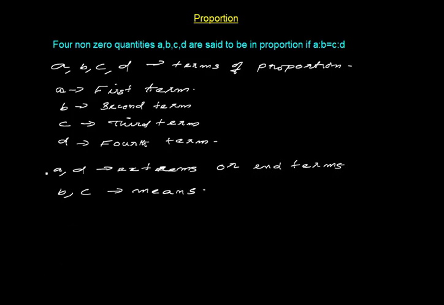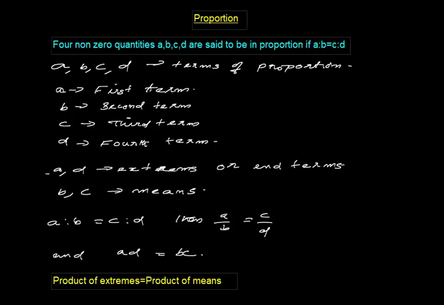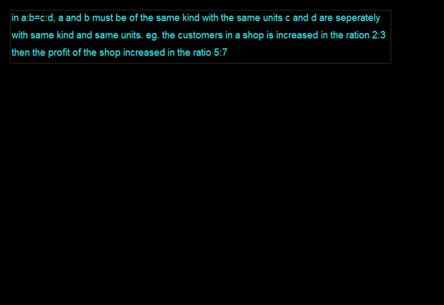When A is to B equal to C is to D, then A by B is equal to C by D, and cross multiplying we get A into D is equal to B into C. This means the product of extremes is equal to the product of means.